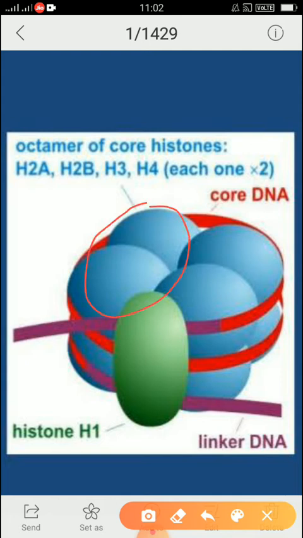How many histone proteins are there? 8 histone proteins. In this way, DNA winds around a core of 8 histone proteins and makes a nucleosome. An individual nucleosome can be imagined like a football around which a long rope is wound with 1 or 2 loops.